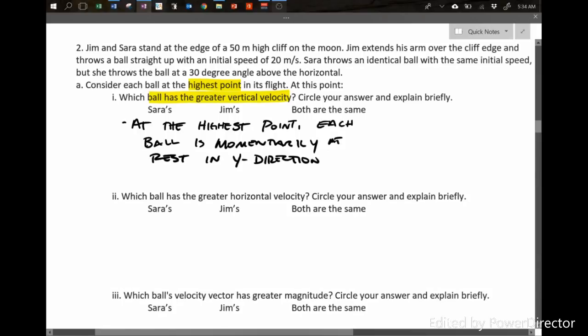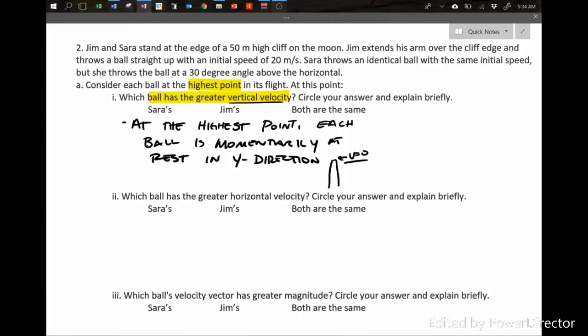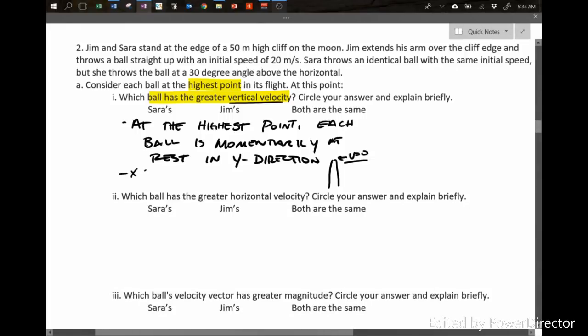In the y direction, objects go up, come back down, and their velocity is temporarily 0 at the top. Since we're just talking about vertical stuff, I don't care about what's going on in the x direction because, like we said before, x and y motion are independent of one another.